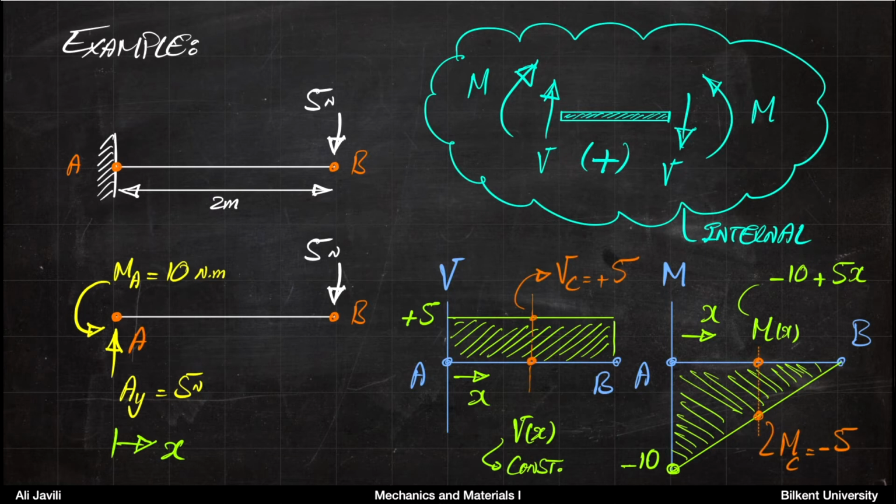Now, once you have the distribution through the length, you can pick your point C. So if the point C is in the middle, for instance, here, you can see that V, the shear force, would be plus 5, and the moment would be minus 5. All right.